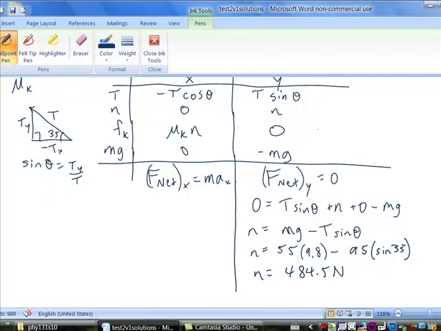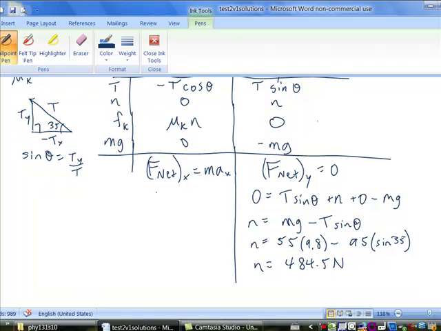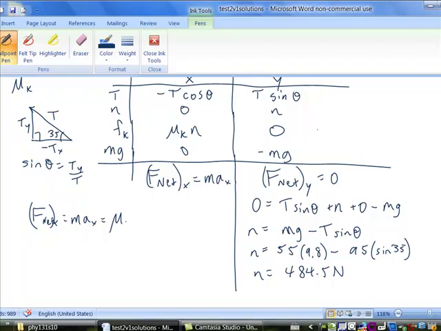The one we want to find, though, is going to be mu sub k. So let's look over here at the x component. I've got F net in the x direction equals m a sub x equals mu sub k times N minus T cos theta. I've just added up all the things in the x column. And solve for mu sub k, because that's our unknown.